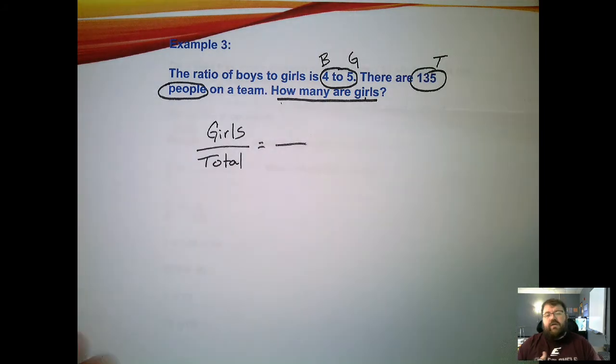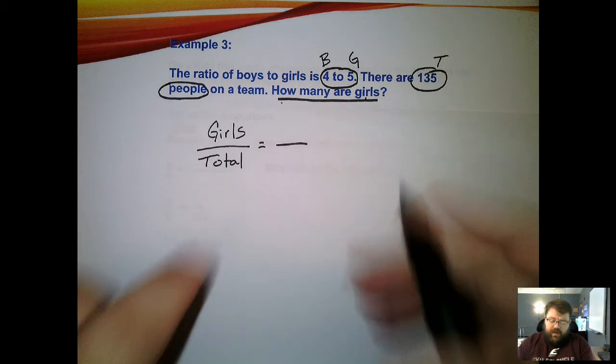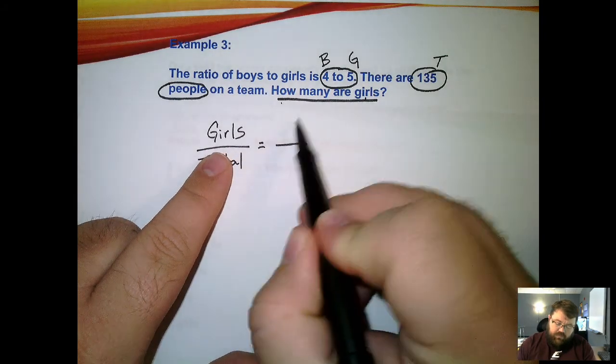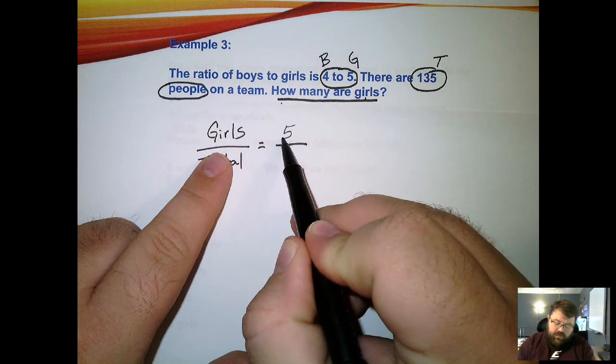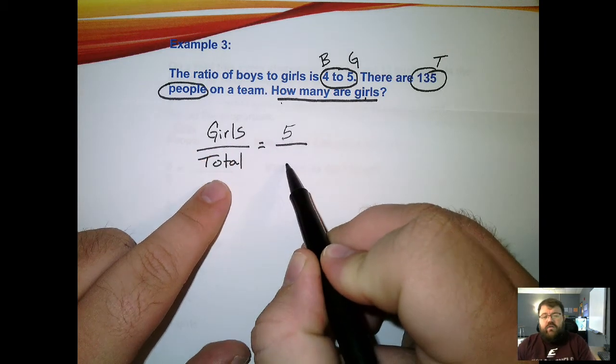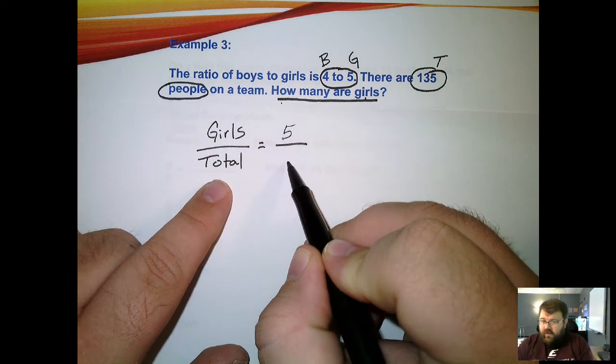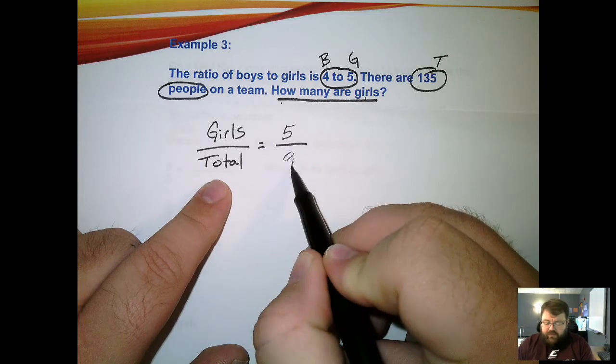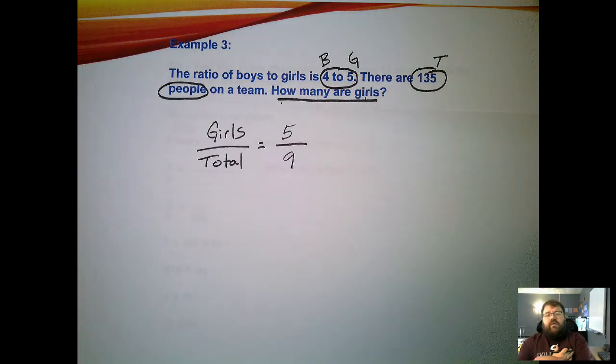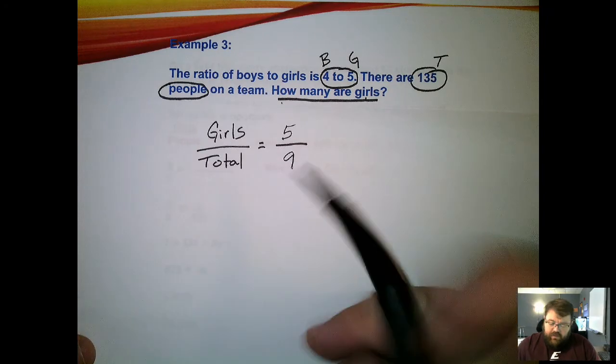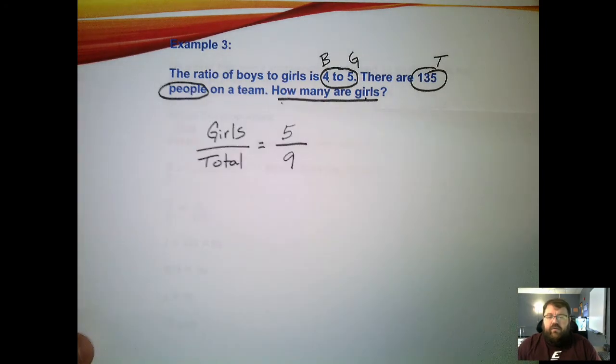Now let's talk about the given ratio. The given ratio here is 4 boys to 5 girls. The 5 is simple. We know the 5 is associated with girls. But it's not 4, the total. The total here is 9. Alright? And the way that I get that is I simply add 4 and 5.